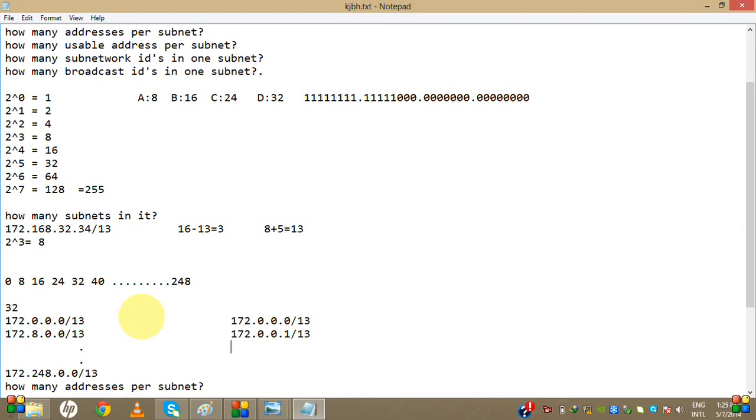I will put 172.0.0.0, and one goes to 255, and one goes to 255. I will write 254 there because 255 is not valid, it is a broadcast ID, and I will write 254 slash 13.